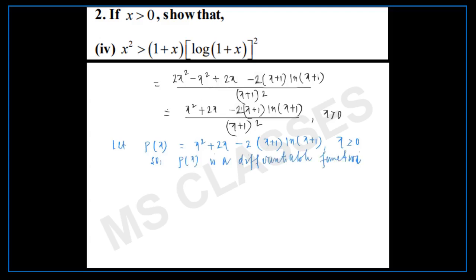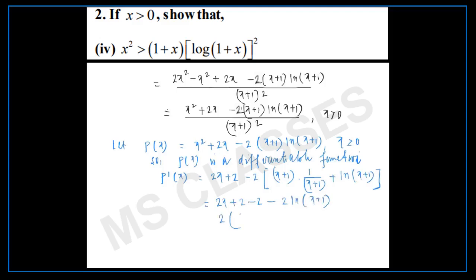Now we find p dash x, which is 2x plus 2 minus 2 into x plus 1 into 1 by x plus 1 plus ln x plus 1. This gives us 2x plus 2 minus 2 minus twice ln x plus 1.